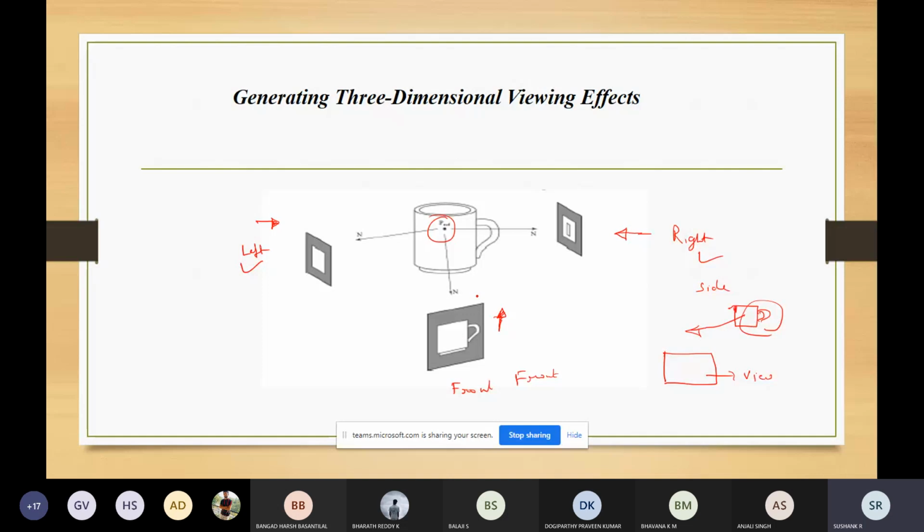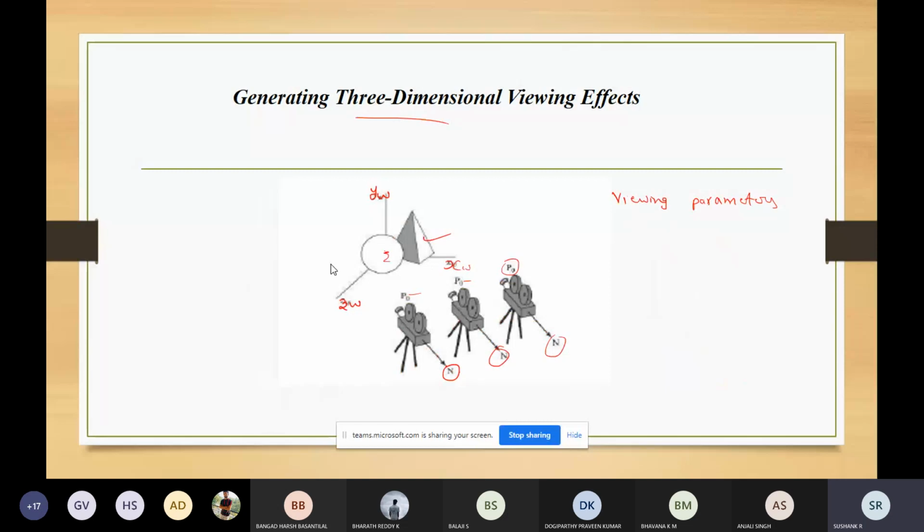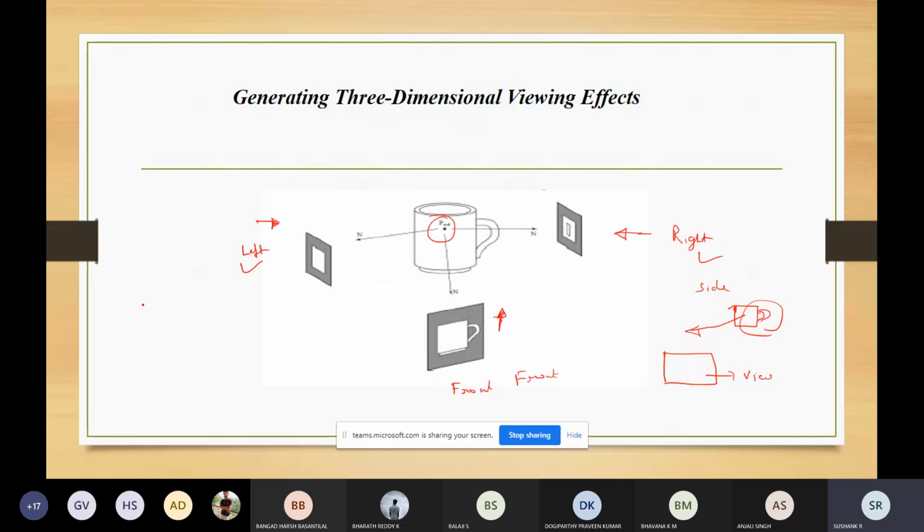So instead of making changes to the viewing parameter, you will keep the viewing parameter constant. Here we were making the changes to viewing parameters. In the next methodology, we are keeping the viewing parameters as they are.